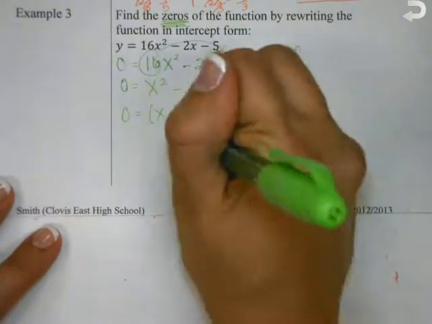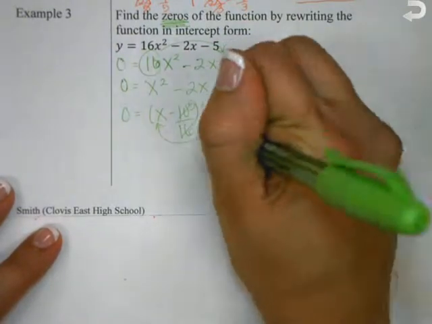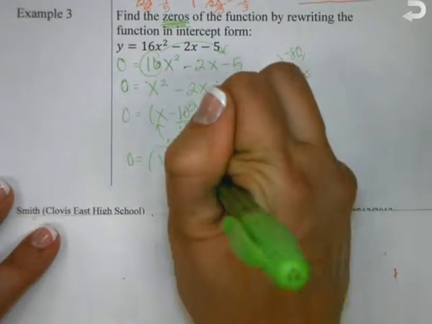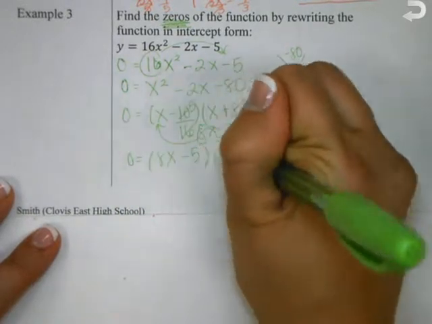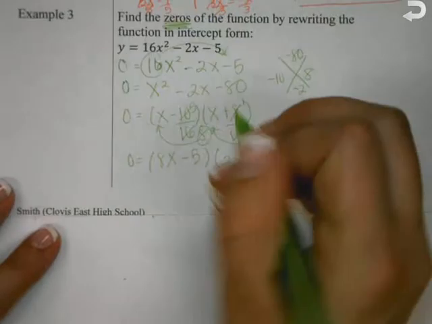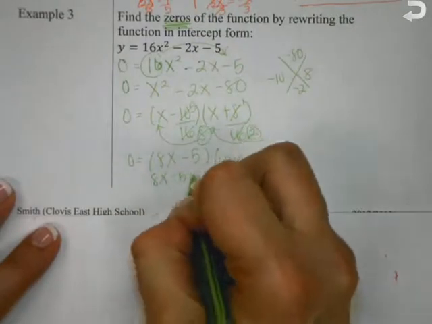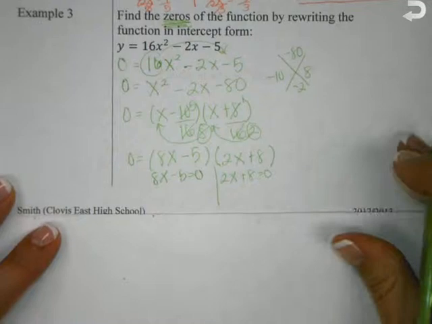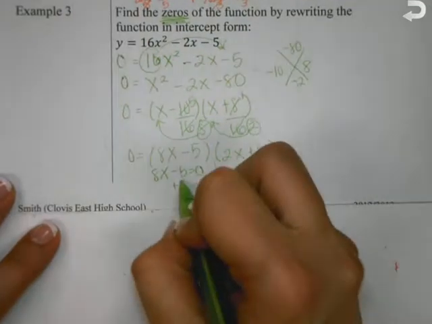So 0 equals 8x minus 5 times 2x plus 1. Set everything equal to 0. So we get 8x minus 5 equals 0 and 2x plus 8 equals 0. Add 5 to both sides. Wouldn't that be 2x plus 1?